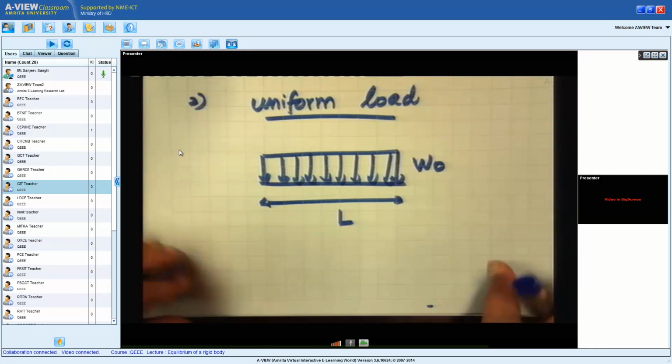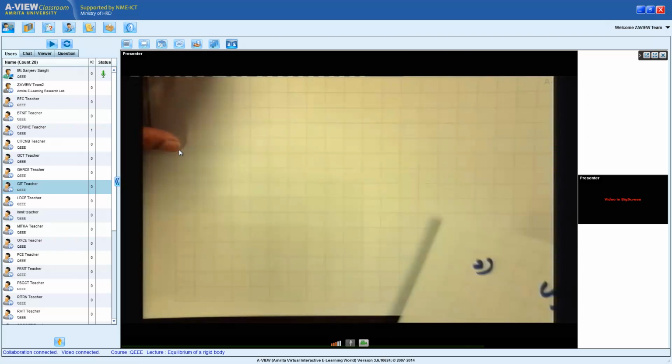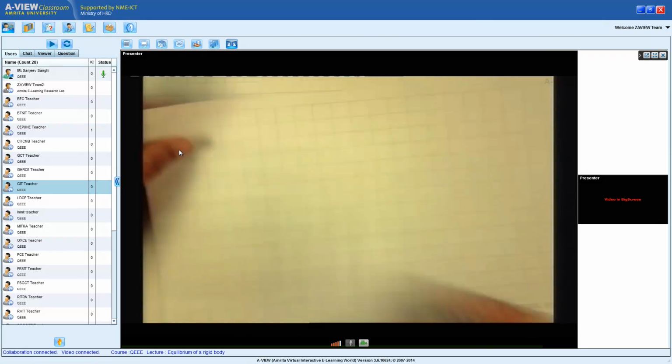So before we take the example, let's generalize. Let me put these two comments first, then I will come to the uniform loading.